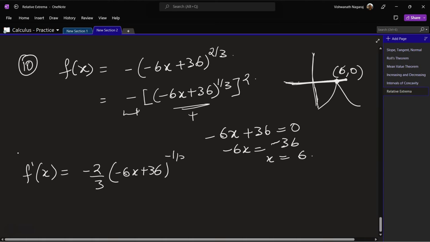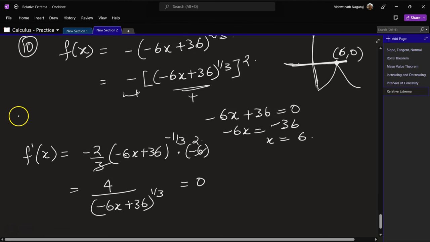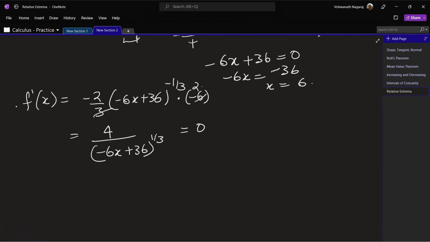That means minus 1 by 3 times minus 6, which gives us 3 times 2. 2 2's is 4, minus minus plus. So 4 by minus 6x plus 36 to the power of 1 by 3. And if we equate it to 0, what happens? x disappears totally. So that means this is not feasible. We cannot evaluate this, right?